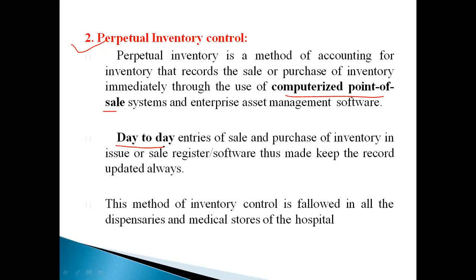So with the help of some software, you have to control the inventory in drugstores. This type of method is generally followed where the software is continuously used. Every entry should be entered in the software. Then and only then can you use this type of method.